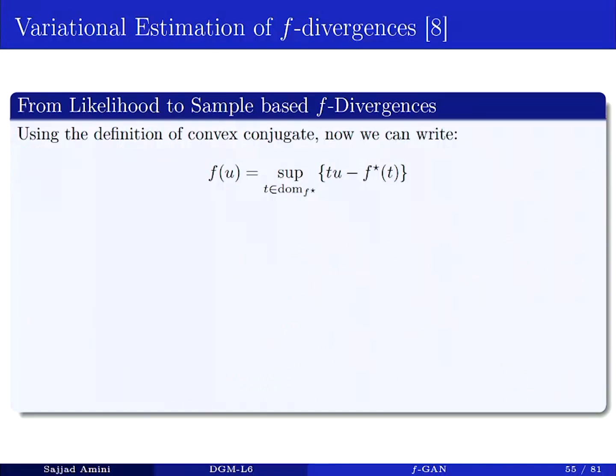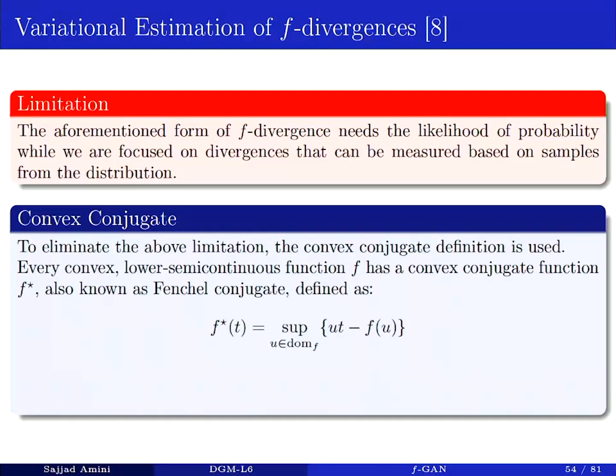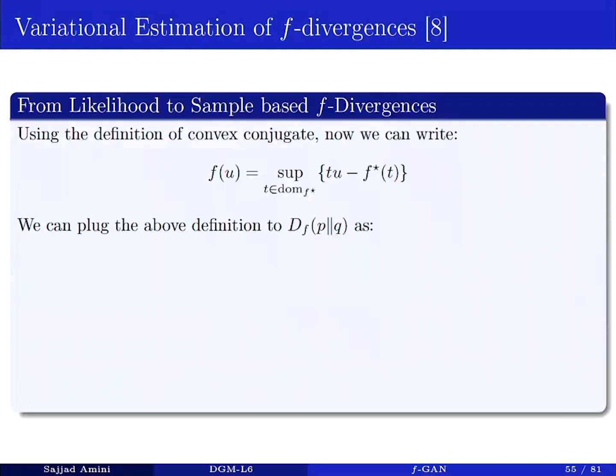So this is again the definition of the convex conjugate. Now we want to plug the definition of the convex conjugate into our definition of f-divergence. What was the definition of f-divergence? The definition of f-divergence was this one. Now I want to replace f.